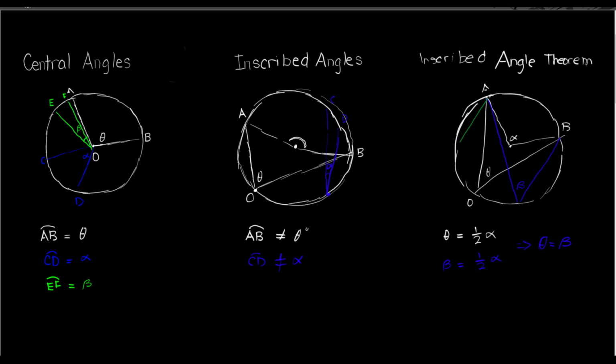For example, even this inscribed angle here, I wish that I could draw straight lines, but that'll have to do for now. This angle here would still be equal to 1/2 of the central angle subtending the same arc, and would therefore be equal to any other inscribed angle subtending that arc as well.